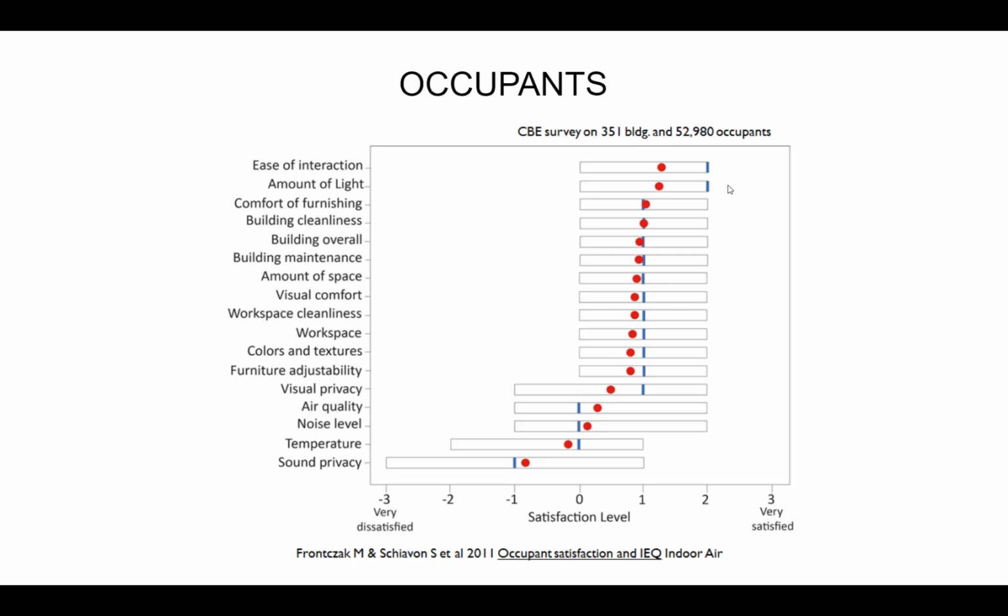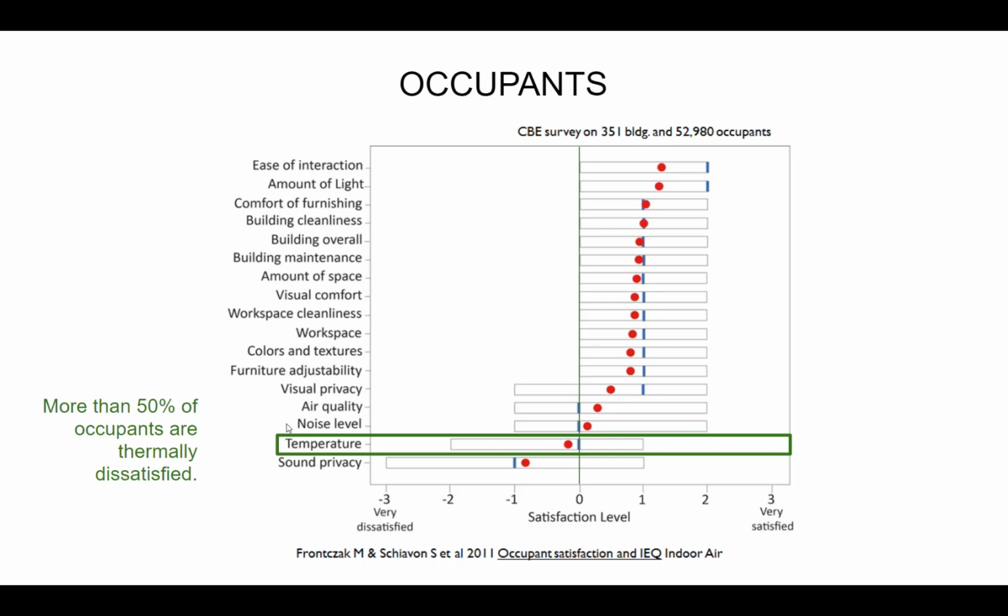And one thing that you will notice across all these different criteria is at the very, very bottom, we have temperature. And amazingly, the results that you find with this are almost stupefying: we find that less than half of occupants are satisfied with the temperature in their buildings. And more than 25% of them are actually very dissatisfied.